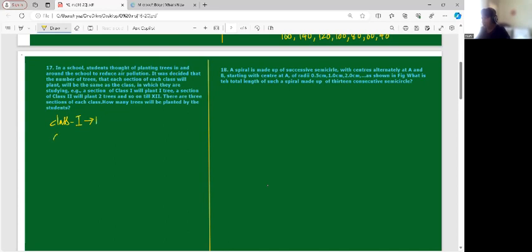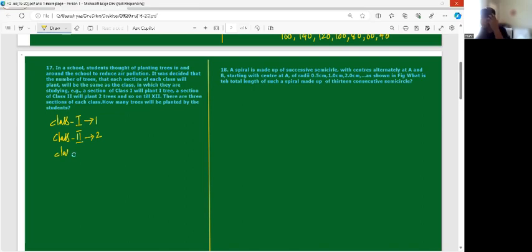Similarly, class 2 students plant 2 trees, and class 3 students plant 3 trees. Like this it continues.